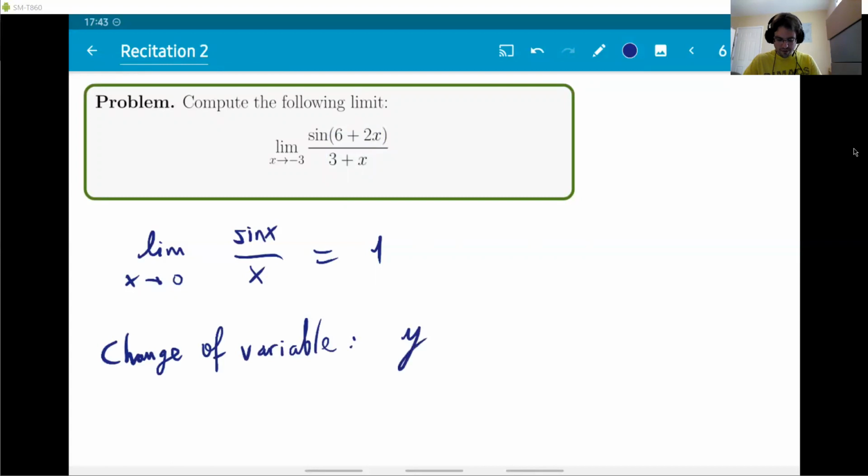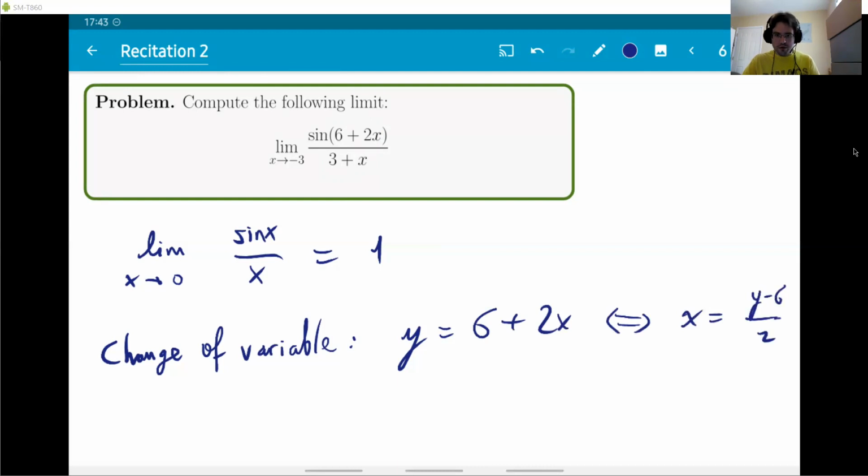For example, y is your new variable. And it's also useful to have the reverse change. Maybe you will need that later. Essentially, try to solve for x in terms of y here. If you subtract a 6 and divide by 2, that's x in terms of y.